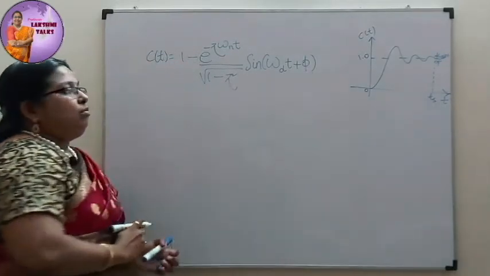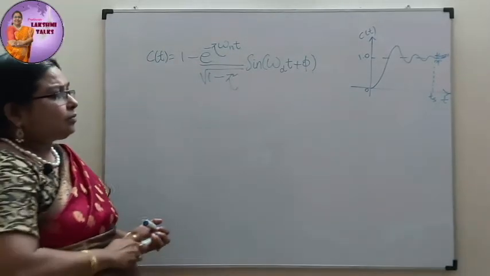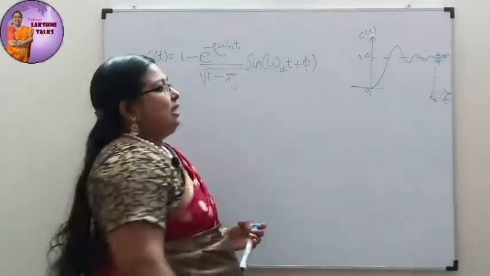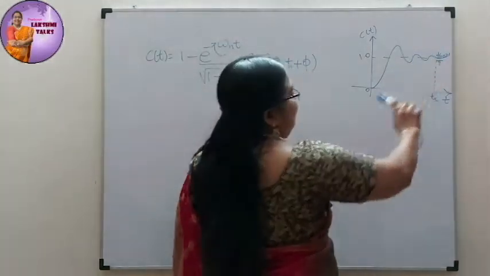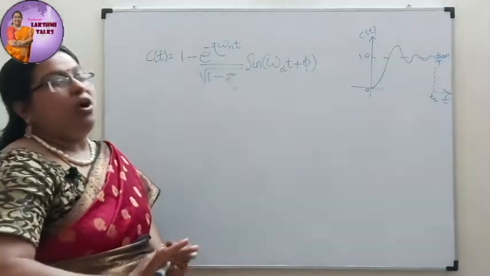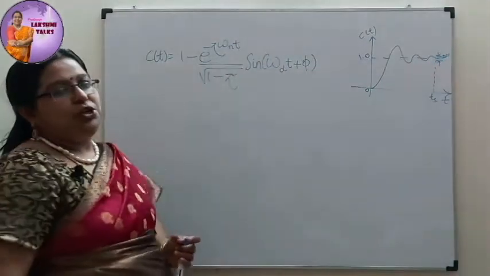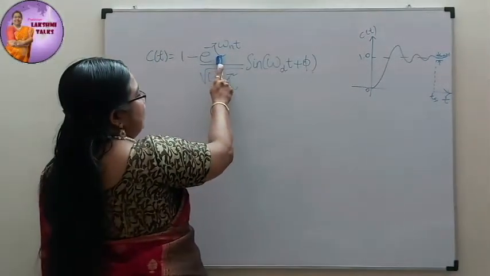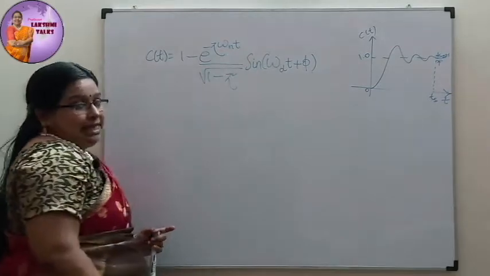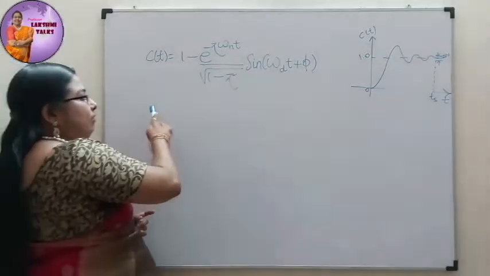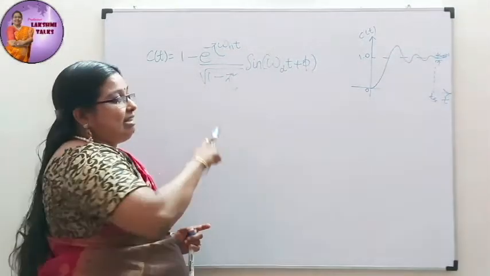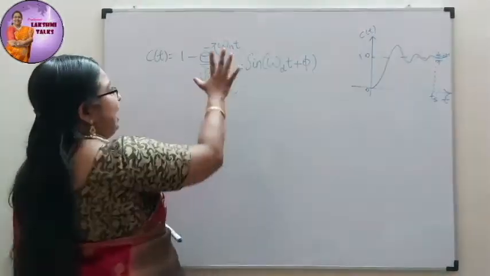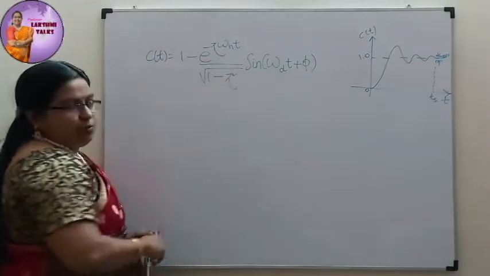We can see that when the system settles, this sinusoidal part almost is not there, and this exponential part alone will be there. So in the response we have two parts: one is the sinusoidal part and the other one is the exponential part. When the response settles, the sinusoidal part decreases and it is predominated by the exponential part.